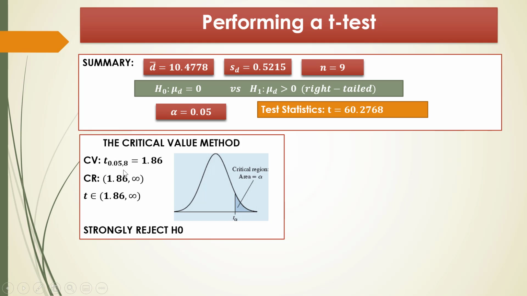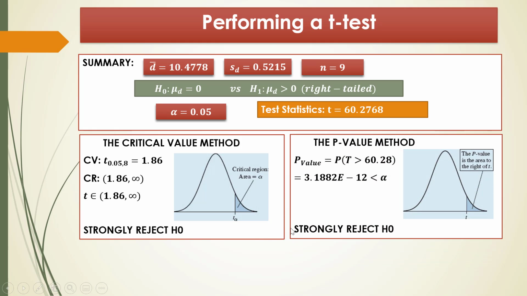That's why we have t 0.05, because we want to have 0.05 area to the right and 0.95 area to the left. So the critical value is 1.86. The critical region is the area to the right of the critical value, so it should be 1.86 to positive infinity. And the test statistic here, t is 60.2768, which is greater than 1.86, so we strongly reject the null hypothesis.